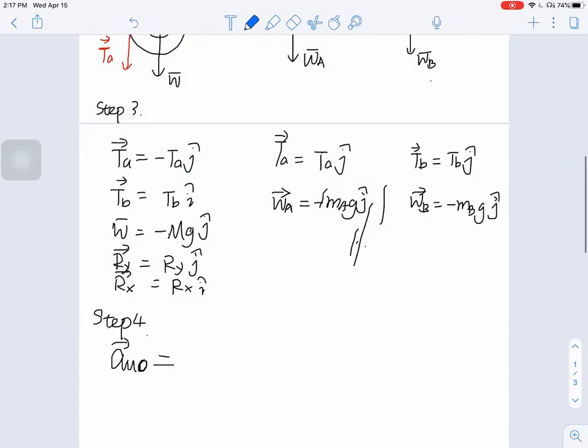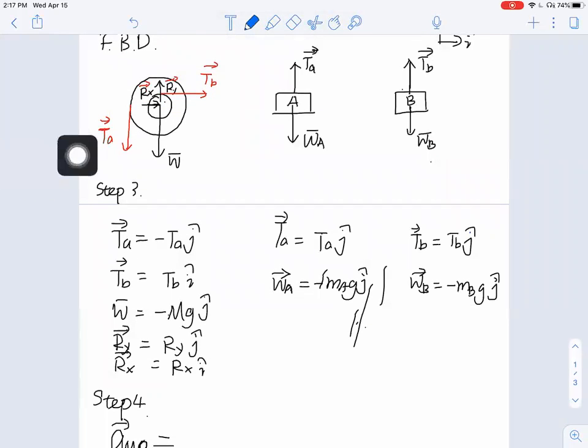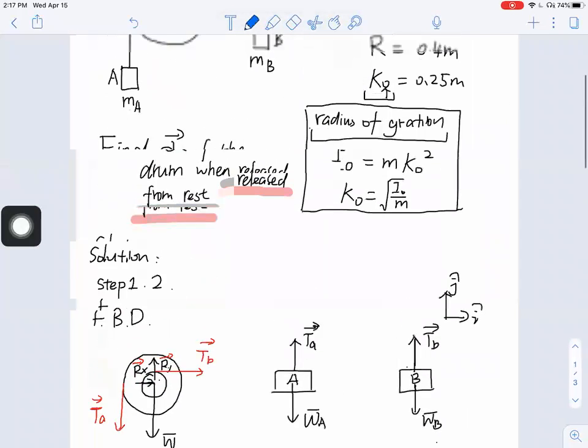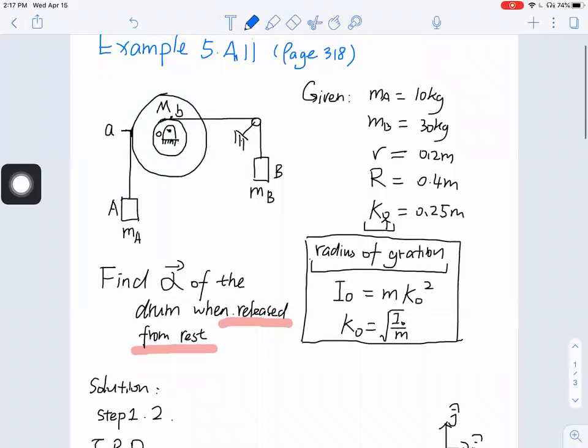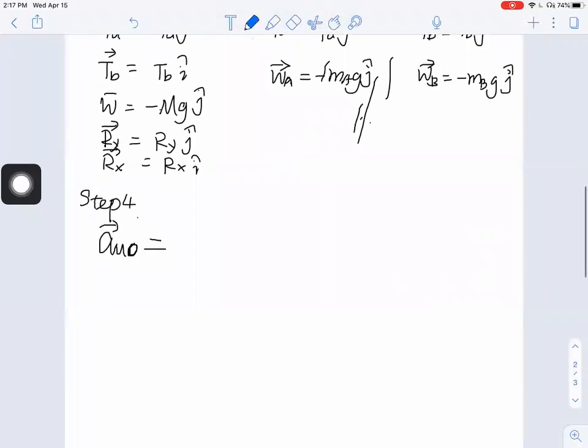What's the acceleration of the center of mass of the disk? If we go back to the problem statement, the drum is fixed at point O. So it can rotate about point O, but it couldn't move in any direction, right? So that tells us the acceleration of MO is 0. Hopefully you can see that.